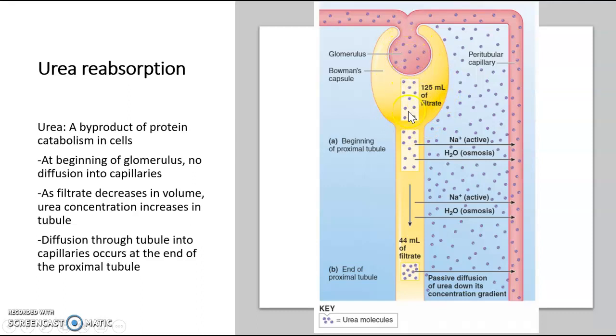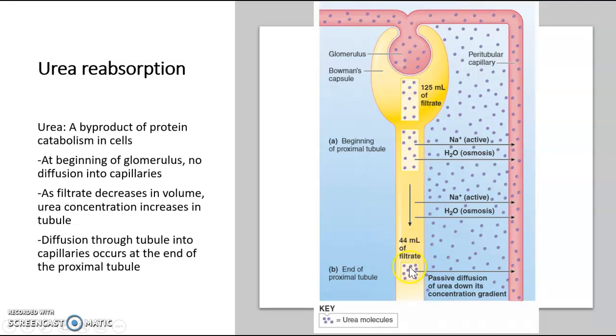But as we go down and as water and sodium move out, we're going to decrease the filtrate down to about 44 milliliters. If we think about that, we're essentially decreasing the water volume of the filtrate. So now we have a really high concentration of urea, because the molecules of urea have stayed the same throughout.